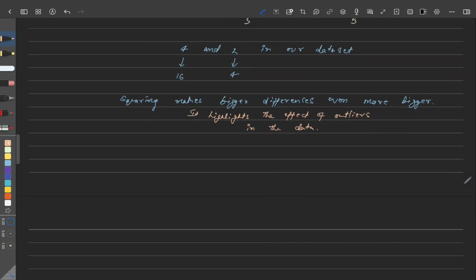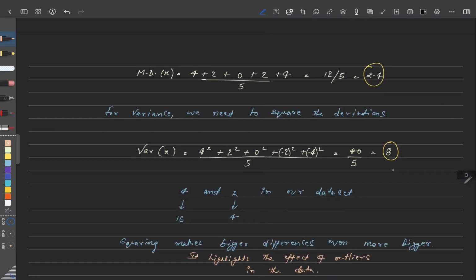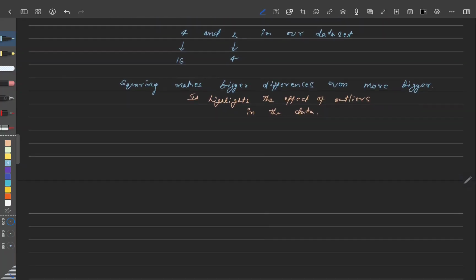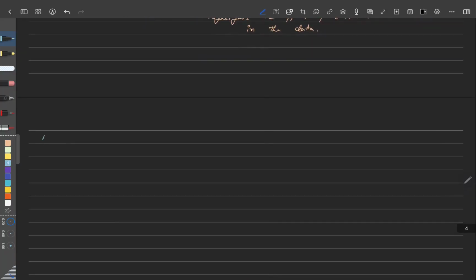I am referring to this 8 and this 2.4, where 2.4 was the mean deviation and 8 is the variance. So what does 8 mean in comparison to 2.4? Or what does variance mean in comparison to mean deviation?